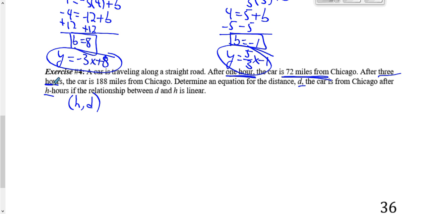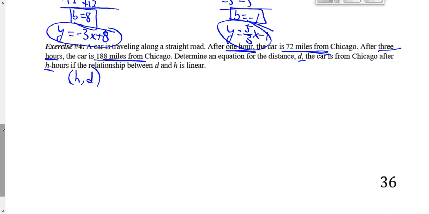So give me two coordinates here. Give me an h hours comma d distance coordinate. 1 comma 72. 1 hour comma 72 miles, right? Now give me another one. 3 comma 188. 3 hours comma output of 188.